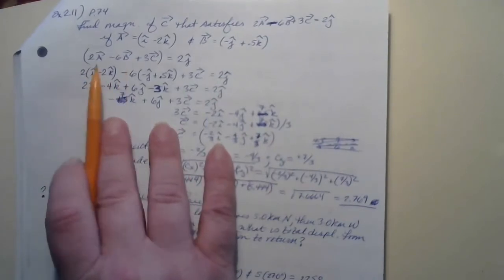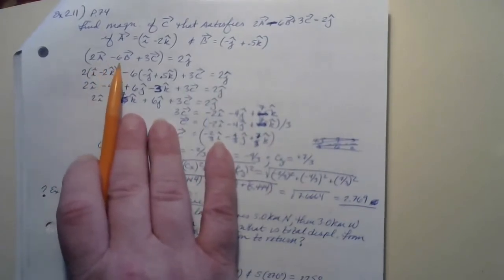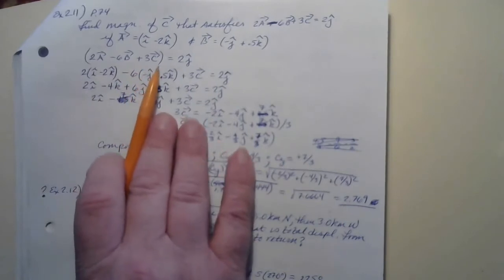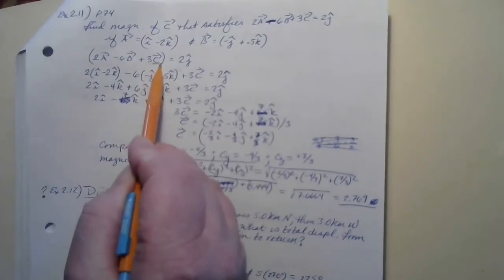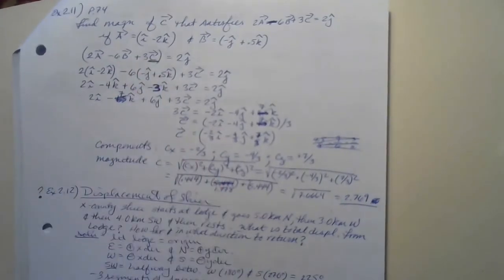So we've got, again, 2 times vector A minus 6 times vector B plus 3 times vector C equals 2J. What I'm underlining here, vector C, that's what we need to solve for because that's what we want to know.